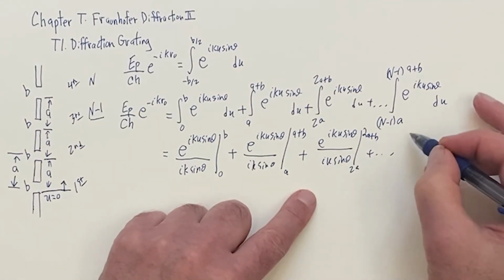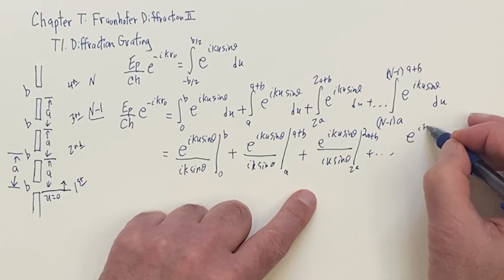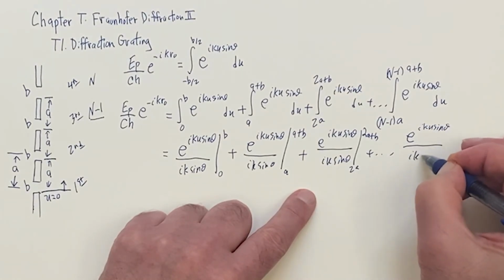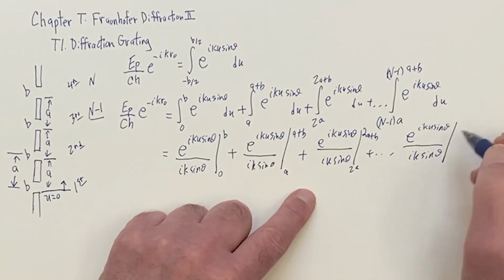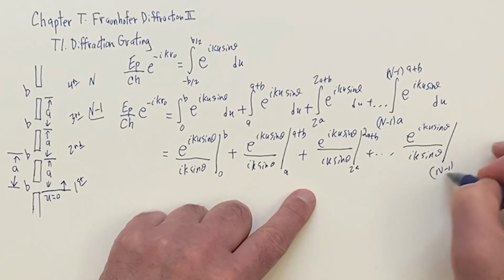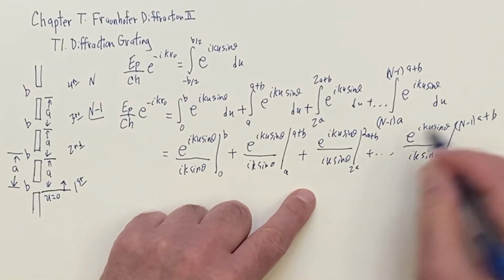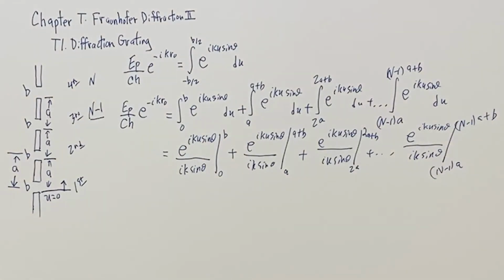And then the same thing at the end, e to the iku sine theta over ik sine theta, going from n minus 1 a to n minus 1 a plus b. So there you have it, all the integrals.